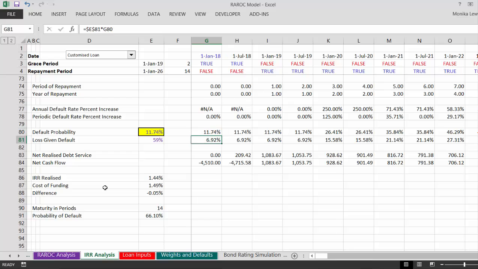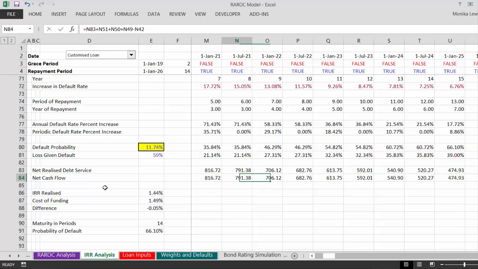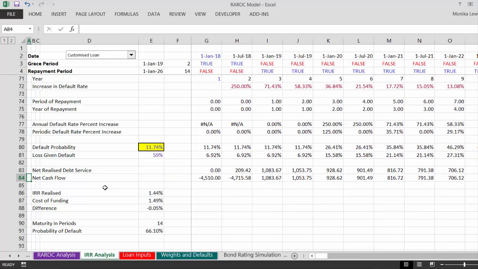We're going to need to read in the net cash flow on this without a default, and then we're going to have to understand all of these mechanics that we did to compute this realized IRR, and then we put our cost of funding in as an assumption.